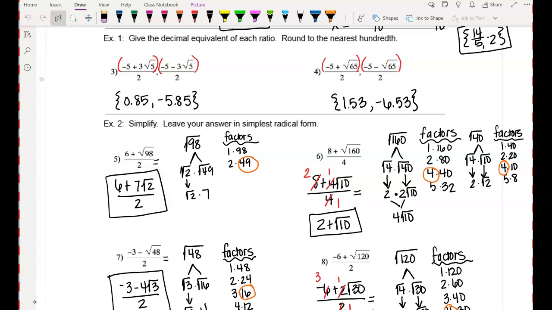We practiced just taking a simplified radical and turning it into a decimal and learning how the different calculators work. Sometimes you had to do double parentheses because they put the number under the radical in a parenthesis. Sometimes you have to space over before you do the parentheses so that the parentheses is not under the radical.